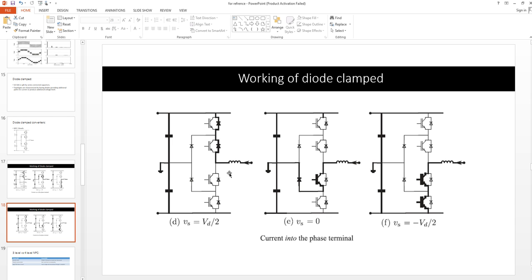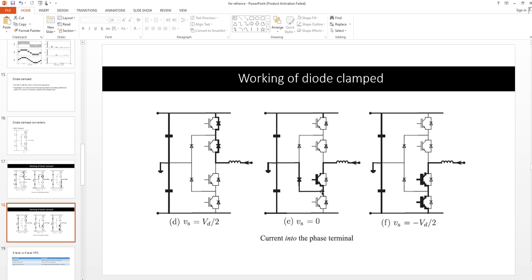Likewise, in this case the current is into the phase terminal. We will get the voltage Vd by 2 when the diodes D2 and D1 are conducting, and the current will flow into this terminal. Likewise, if we want to get the 0 voltage, we have to turn on switch S3. The current will flow from switch S3 following the path through this diode, and it will go into the neutral point.